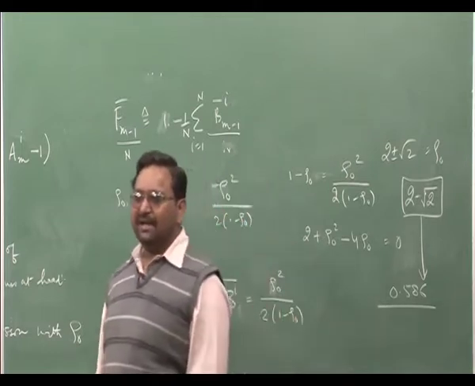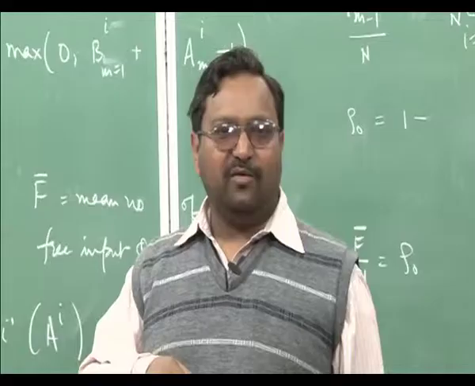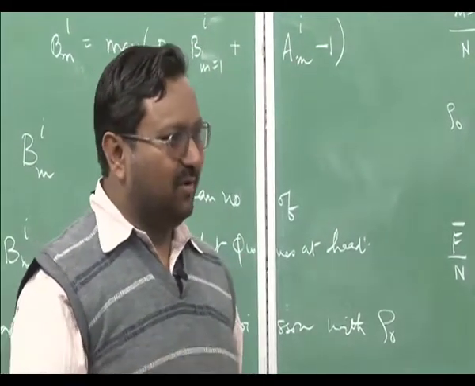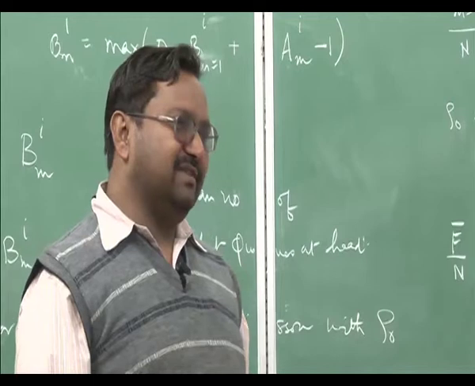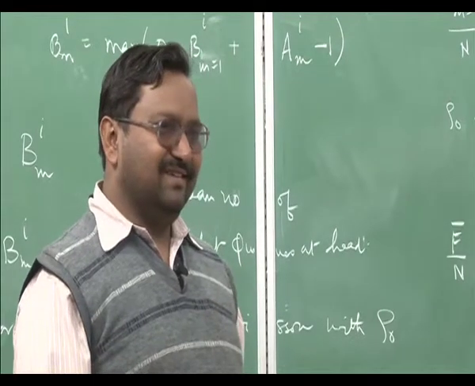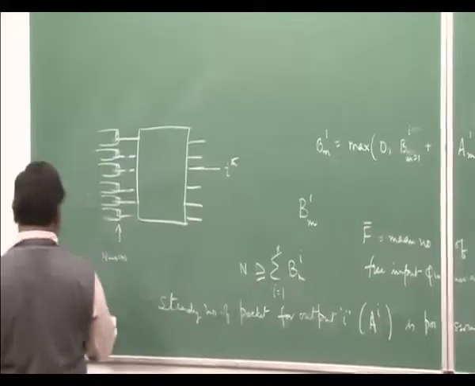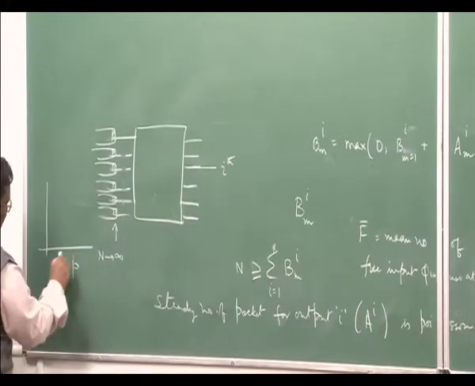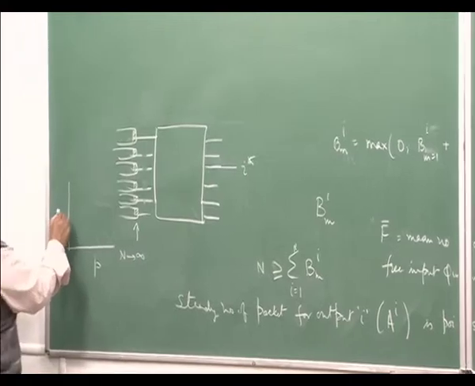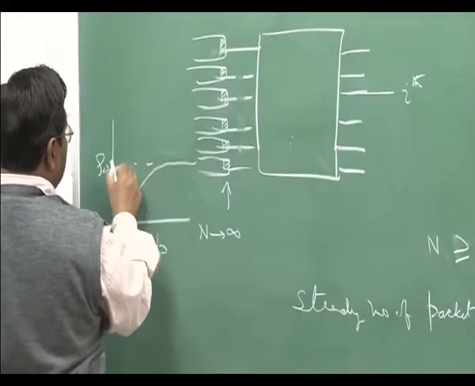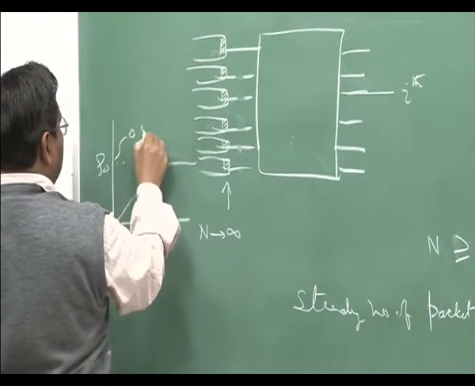So this actually means at the input side, the number of packets coming on every incoming port on an average per unit slot has to be less than 0.586 for stability. Because what is happening is, as P changes, your throughput performance rho naught will change with this and it will saturate roughly about 0.58.